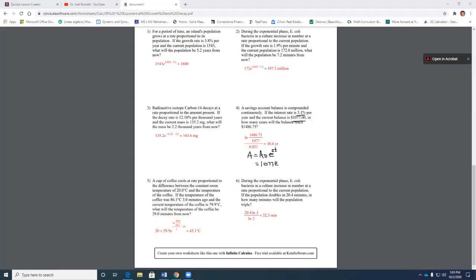And I know that my rate of interest is 3.1%, so that would be 0.031. That's my c value. And I'm looking for t. And I want to know, how long will it take? What would the value of t be if the amount grows to 1,486.73?